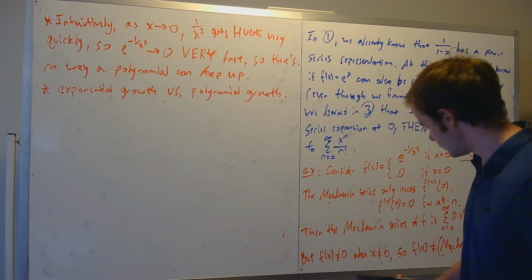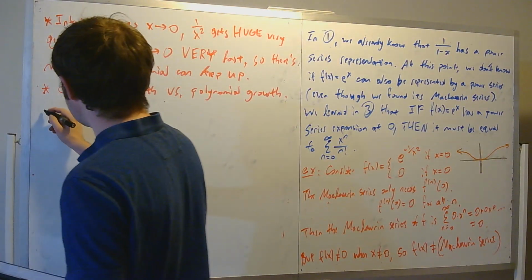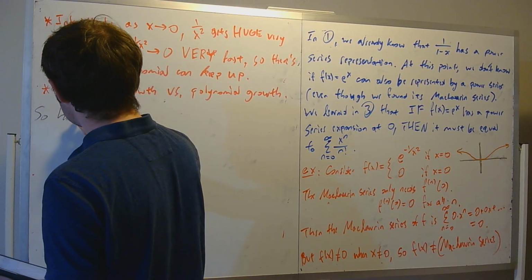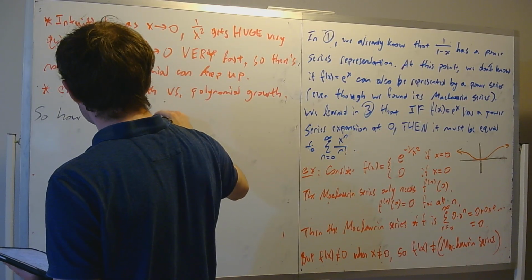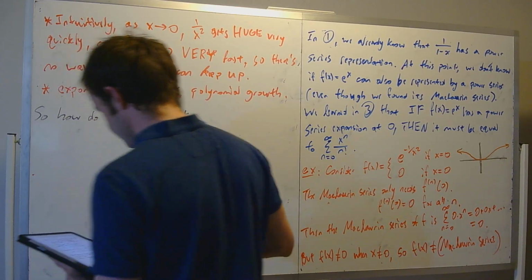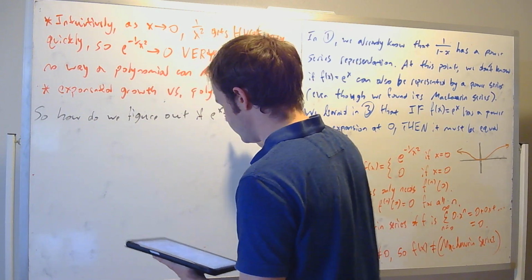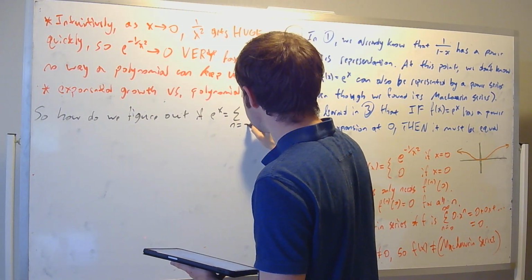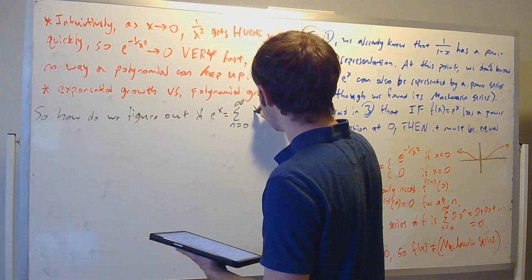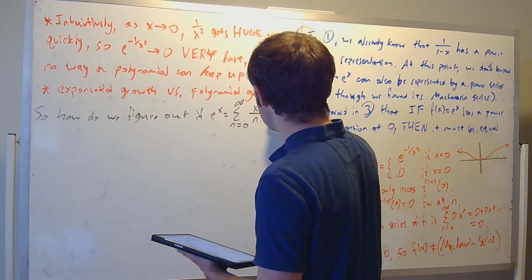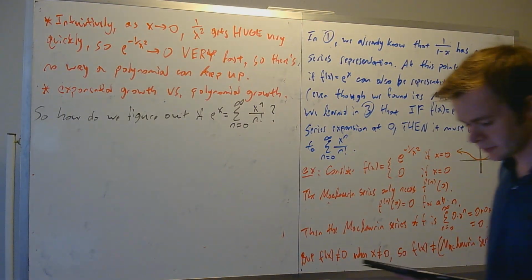So a question here is, how do we figure out if e to the x is actually equal to what we said its Maclaurin series was, which was the sum from n equals 0 to infinity of x to the n over n factorial? All right, so how do we figure out if that's actually true?